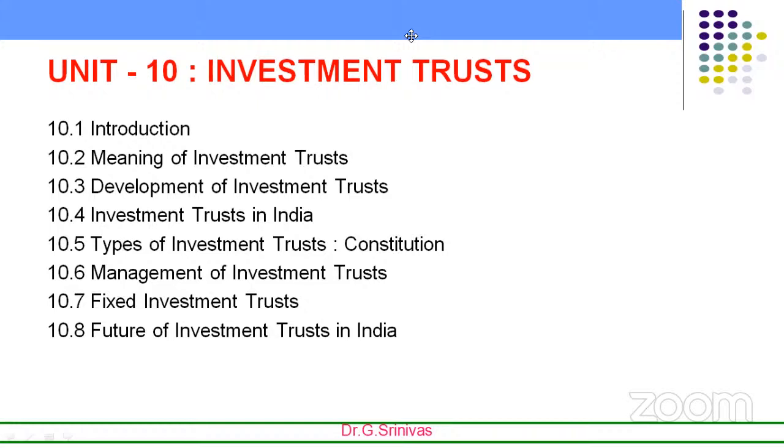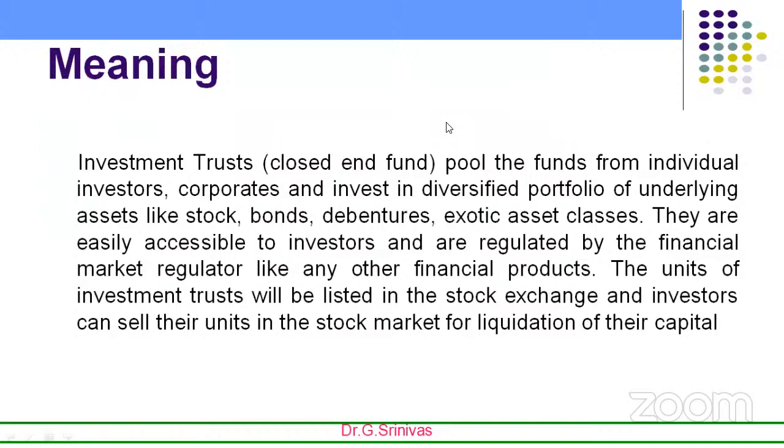So these are the things we are going to discuss in this unit. Meaning, what is investment trust? See, the investment trust, we can say closed end fund. Investment trusts pool the funds from individual investors and corporates, and invest in a diversified portfolio of underlying assets like stocks, bonds, debentures, and other asset classes.